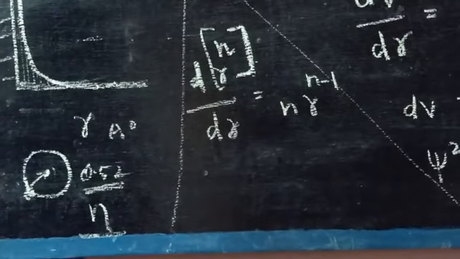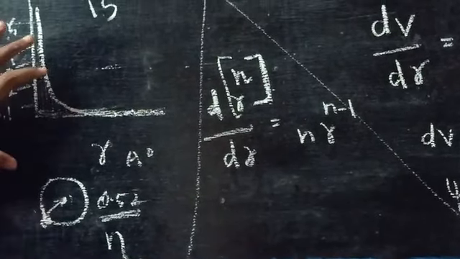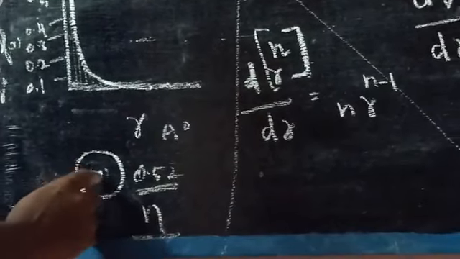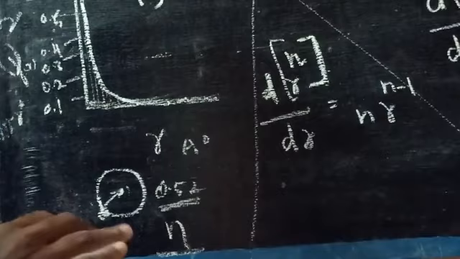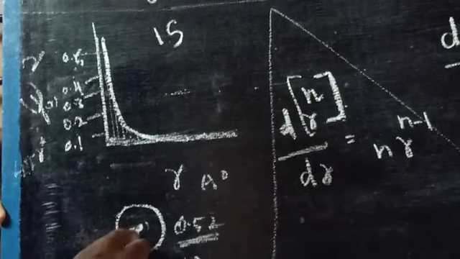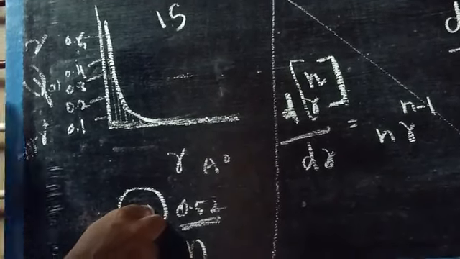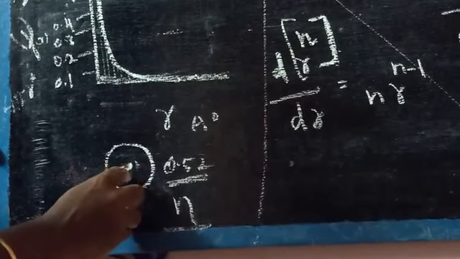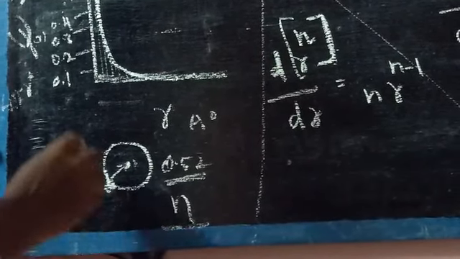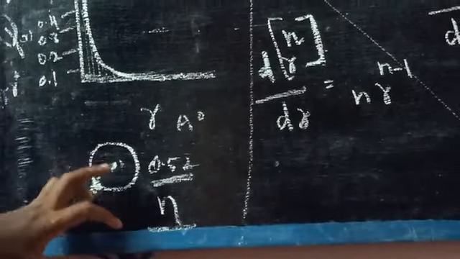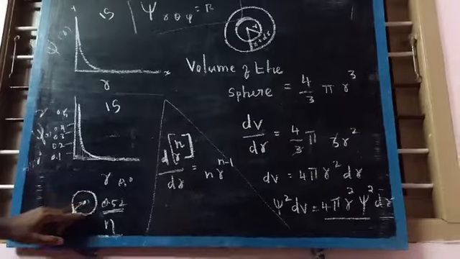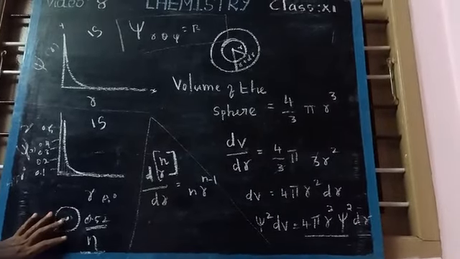Are you clear, children? Near the nucleus the electron is crowded due to the force of attraction, because the nucleus has positive charge and the electron negative charge. At the same time, the electron is not present in one particular place; it can be anywhere.